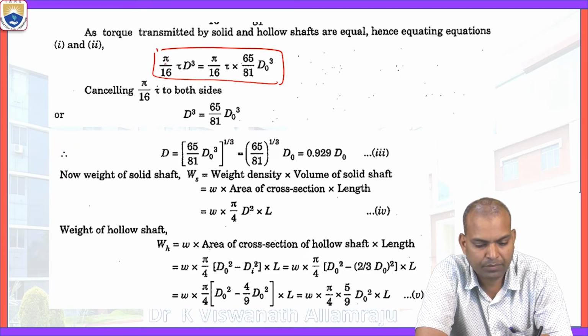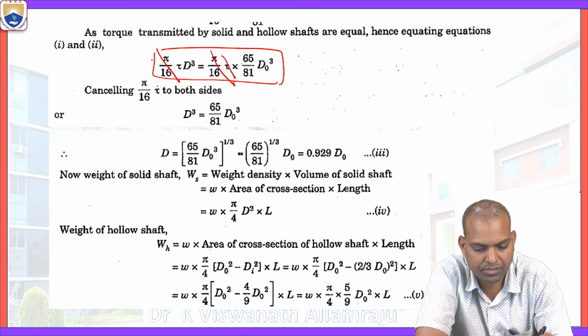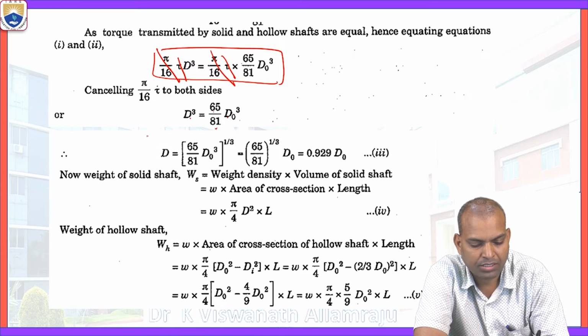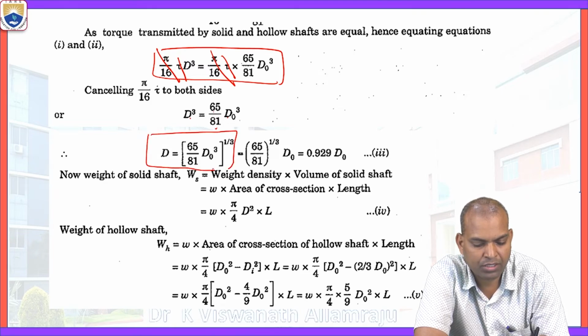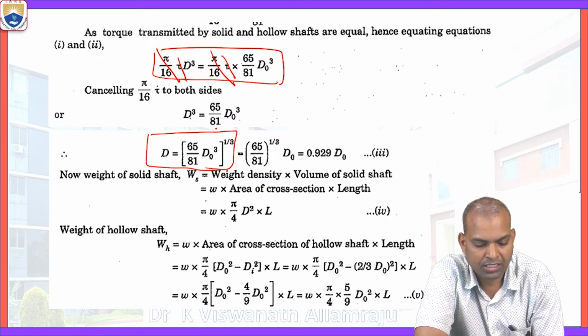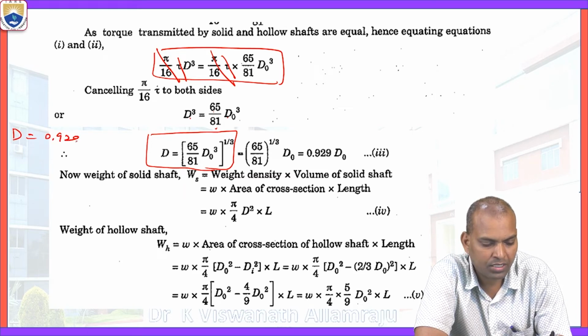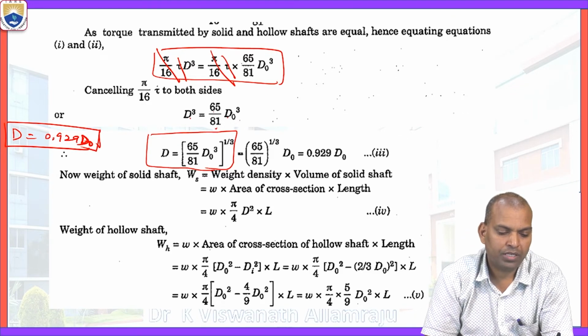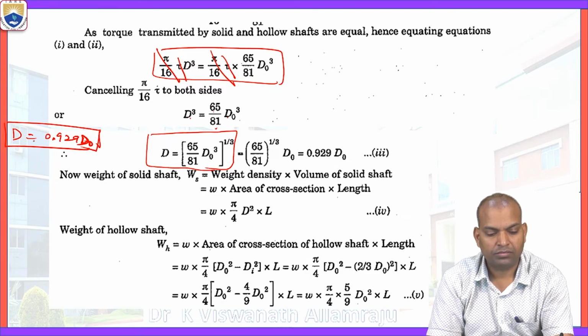Now cancelling the pi by 16 tau both sides, then d cube equal to 65 by 81 d naught cube, and d equal to 65 by 81 d naught cube power 1 by 3. Then we got the value d equal to 0.929 d naught. This is the relation we got here. Alright, 0.929 d naught.